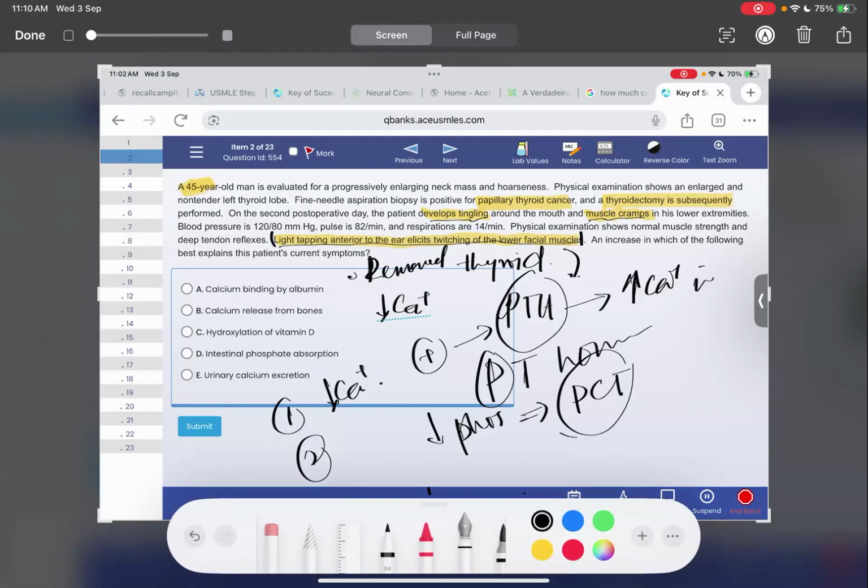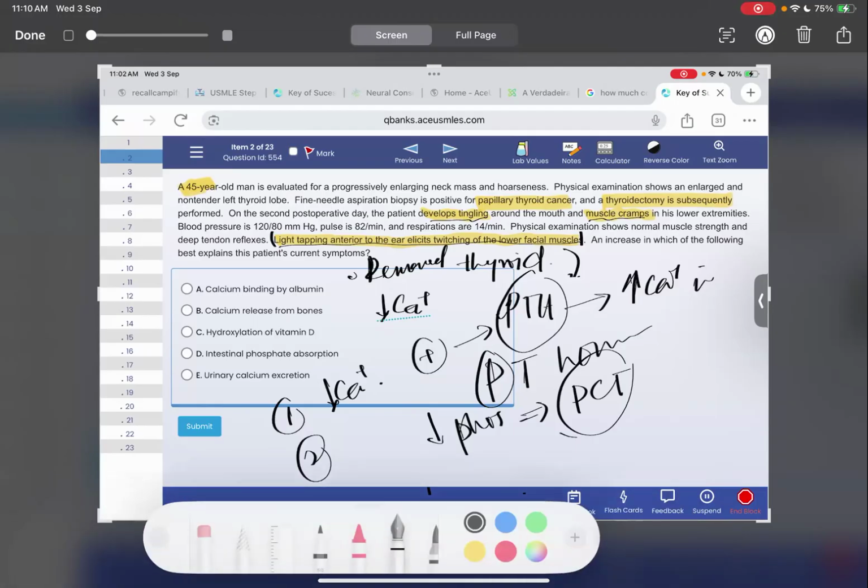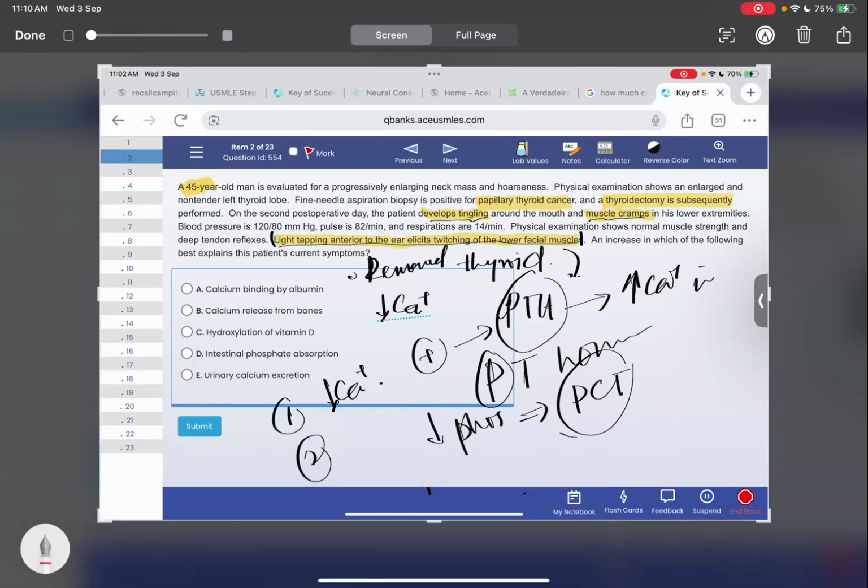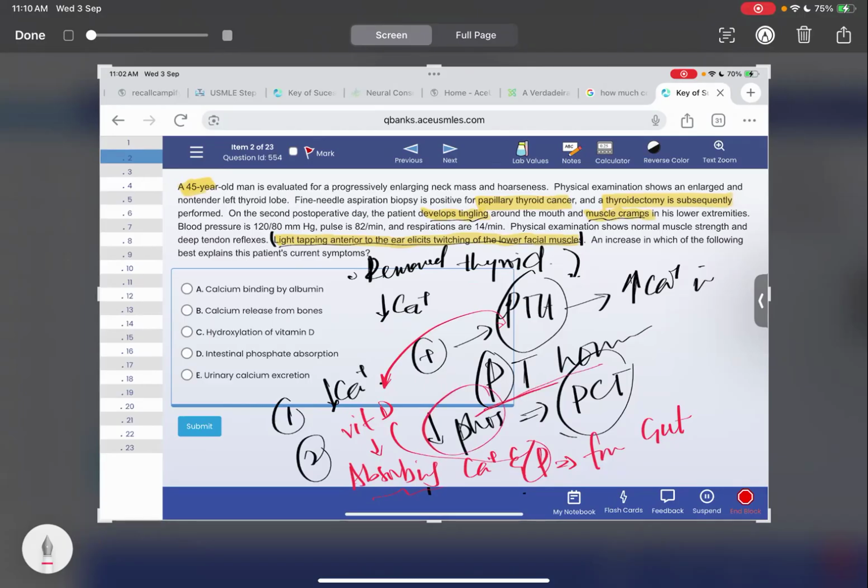So we have said that vitamin D is absorbing calcium and phosphorus from the gut. Some students get confused at this point: vitamin D is increasing phosphorus, but we say that parathyroid is responsible for decreasing phosphorus, right?